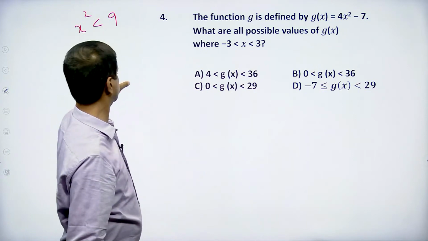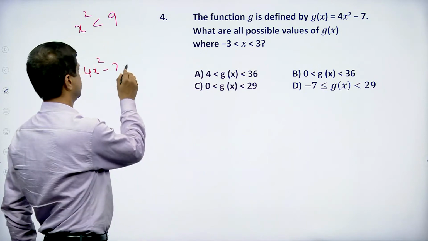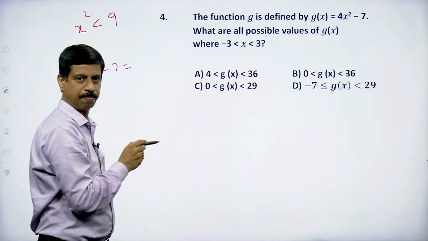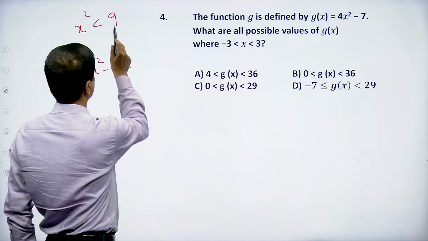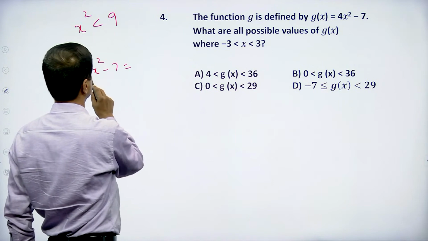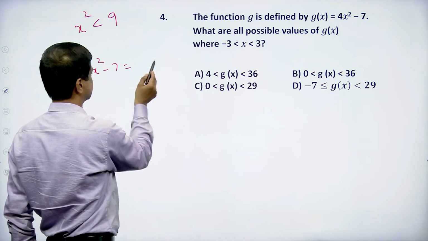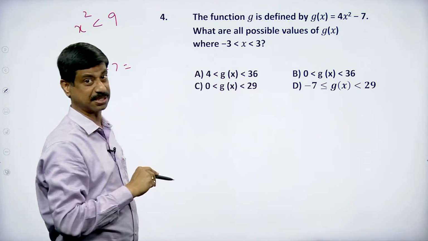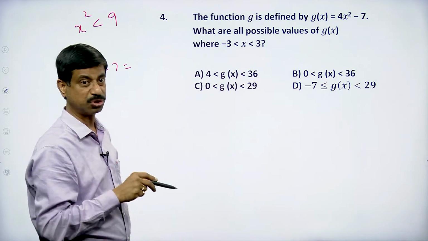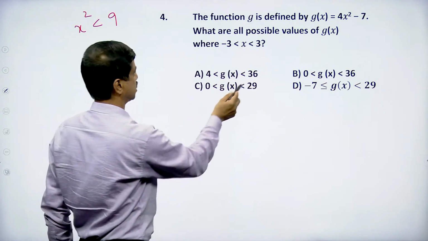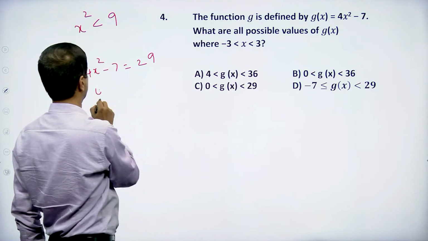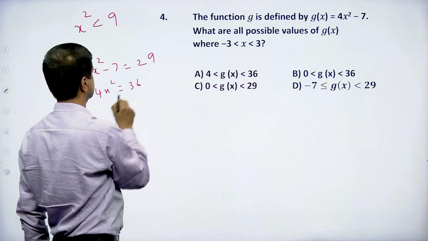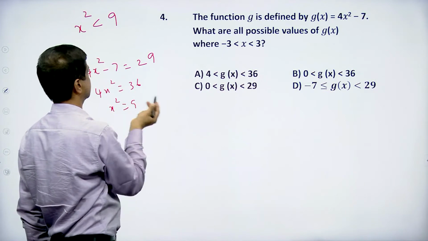So you have 4x square minus 7 should be equal to something here wherein if I take this, I should get 9. So 4 is there. So something plus 7 should be equal to 36. So what should that something be? 29 you take. So if you take this 4x square equal to 36, x square equal to 9, like that.